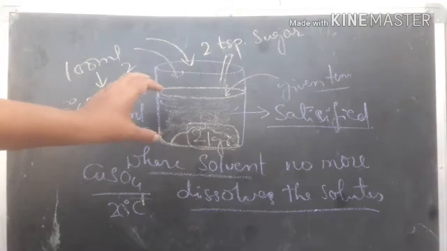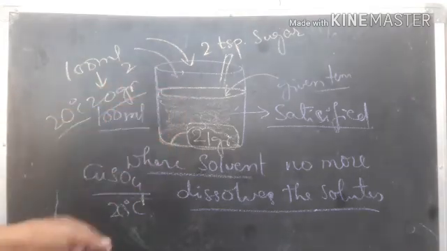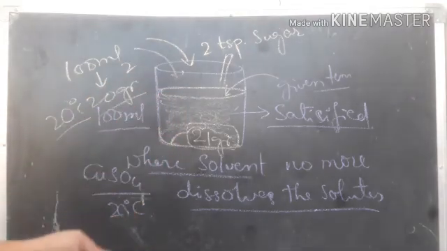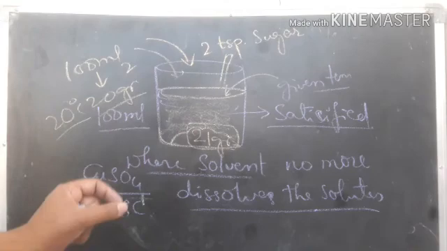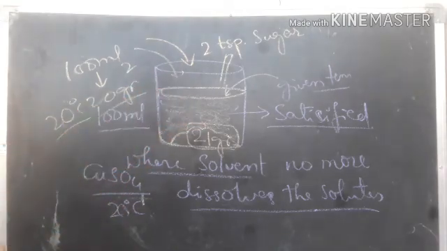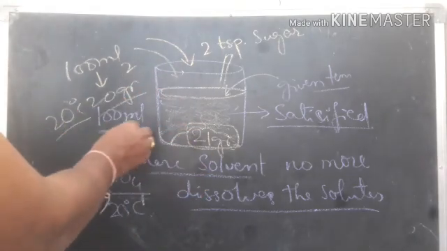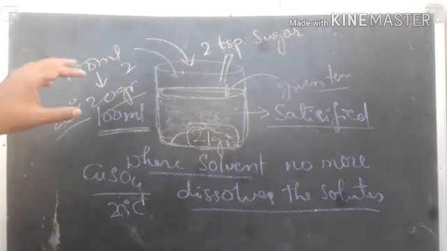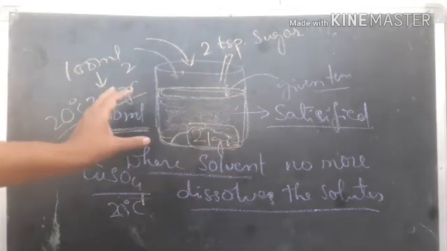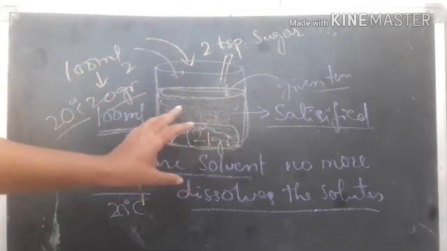It is satisfied with whatever material that you added. Like that, potassium nitrate 32 grams, sodium chloride 36 grams, sugar 204 grams. They make the 100 ml of water a saturated solution. So children, I think you understood what is meant by saturated solution.